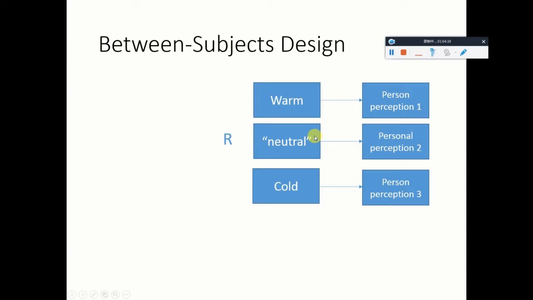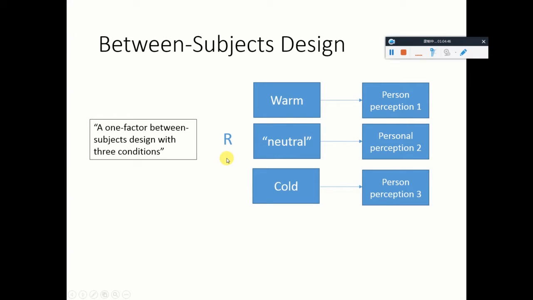Let's make the independent variable, interpersonal warmth, take a third value, and we'll call it neutral. That is, we neither describe Mike as warm or cold. We simply remove the adjective while keeping all other adjectives and see how people will perceive Mike. So we'll call this the neutral condition.